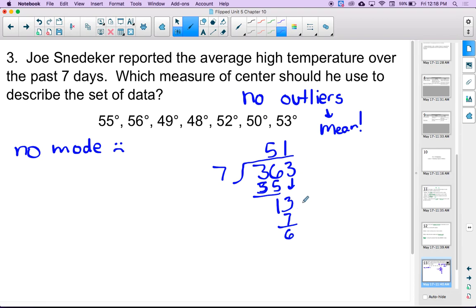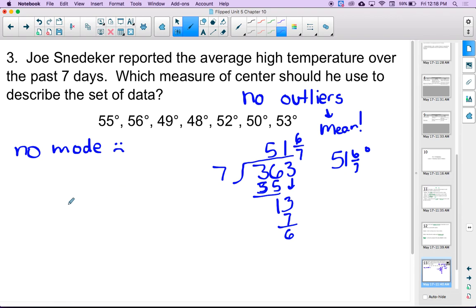And I'm going to keep this in fraction form. I'm going to bring my 6 up in my numerator, and my 7 is my denominator. So the mean here is 51 6/7 degrees. Now that looks a little weird. We would usually do a decimal there, but this was just a quick way to show that result.